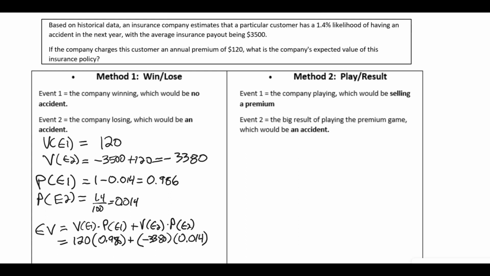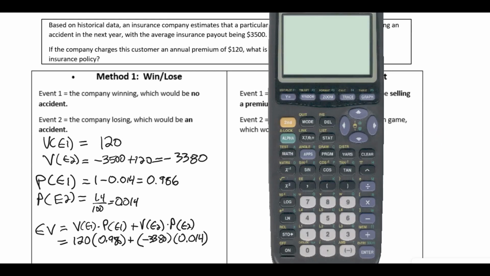So let's go to a calculator and see what we get. So you have 120 times 0.986 plus negative 3,380 times 0.014. Okay. $71.